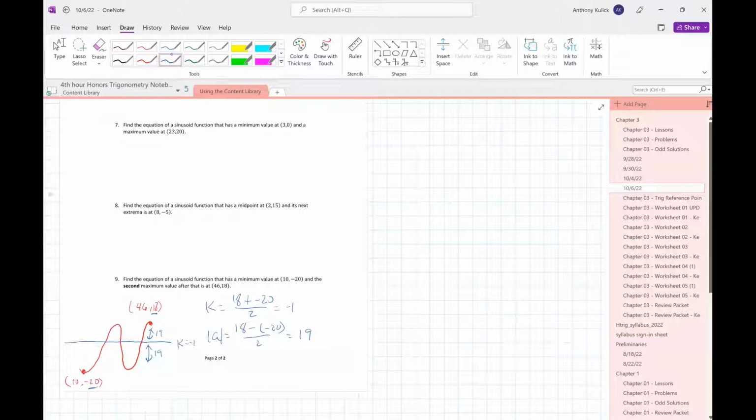So next thing I'll do is figure out the period. Well, if I look from here to here is 1 period. And then there to there is another half. So I know 3/2 periods, 1.5 periods, is going to equal the distance from 10 to 46.